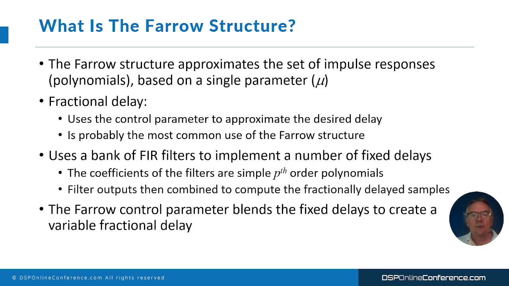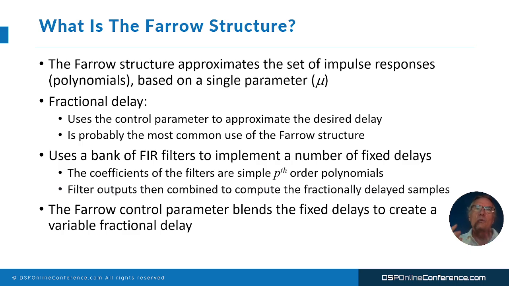Essentially, as you'll see when we see the flow diagram in a second, it uses a bank of FIR filters to implement a number of fixed delays where the coefficients of the filters are simply Nth order polynomials that could be designed using either of the interpolation algorithms we talked about earlier.